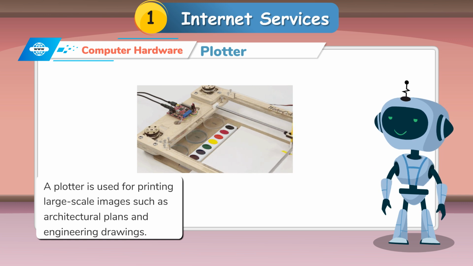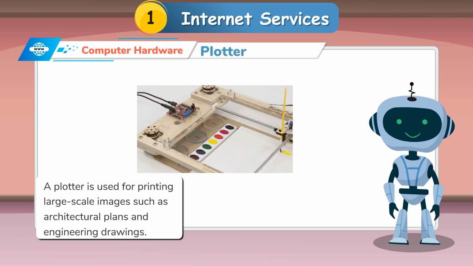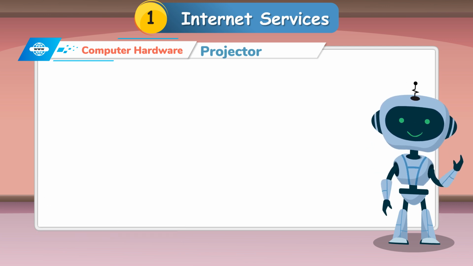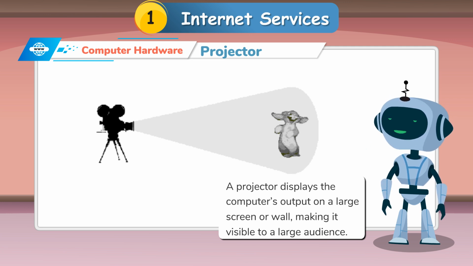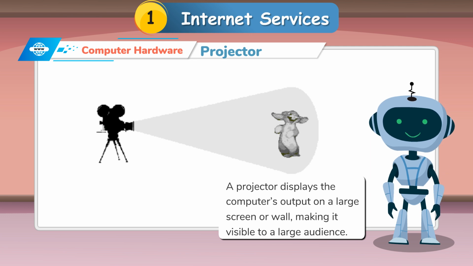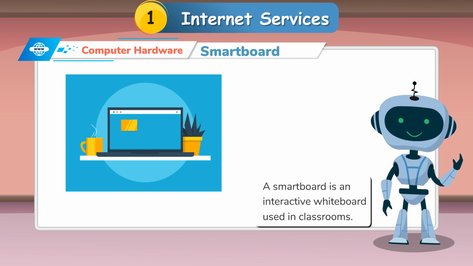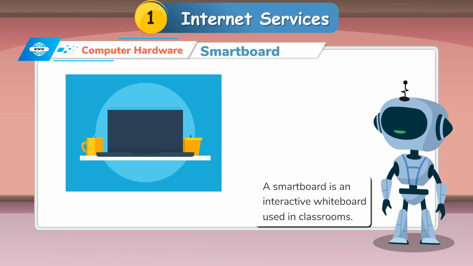A plotter is used for printing large-scale images such as architectural plans and engineering drawings. Projector. A projector displays the computer's output on a large screen or wall, making it visible to a large audience. Smartboard. A smartboard is an interactive whiteboard used in classrooms.